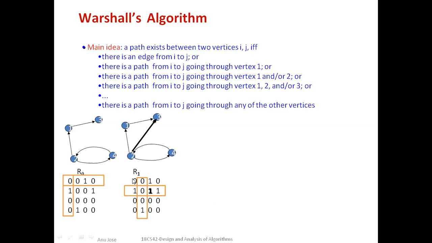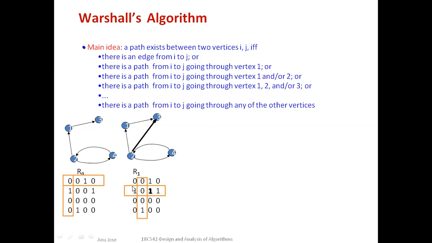1 and 0, that is the location. So the row number and column number will be taken. 1 and 0, result will be 0. Here you will get 0 and 1, giving 0. This location you will get 1 and 0, 0. This will be 1 and 0, 0. And this will be 1 and 0, 0. And what about this?